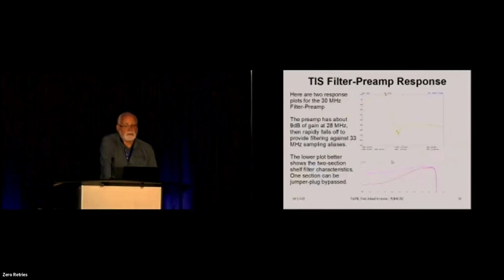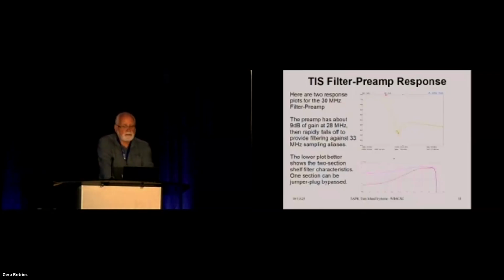This is the response to the filters. You can see, and again, Turn Island is not the only outfit that can make a filter like this. You can buy similar ones, maybe not the shelf filter, but you can buy them. And there's no magic in my designs. It's all standard textbook stuff. But I've got a low noise, high dynamic range preamp in there.